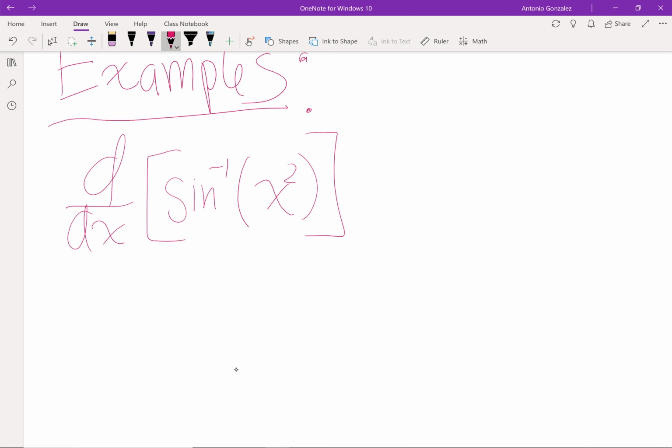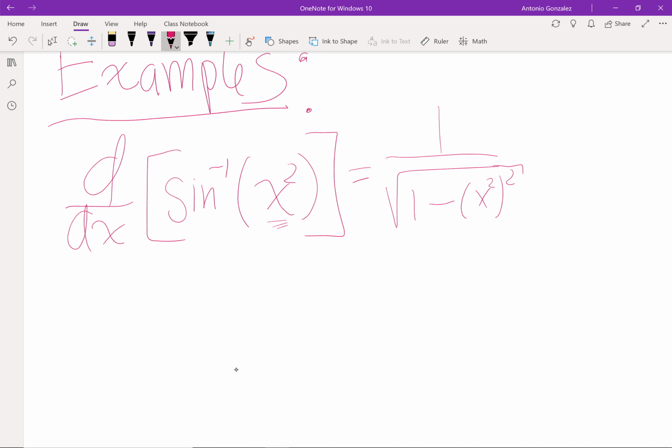Okay, so here we're going to use the derivative of the inverse sine along with the chain rule. So here we have the derivative, again, the outer function is sine inverse. So we have the derivative 1 over the square root of 1 minus, and again, the argument, x squared, and square that.